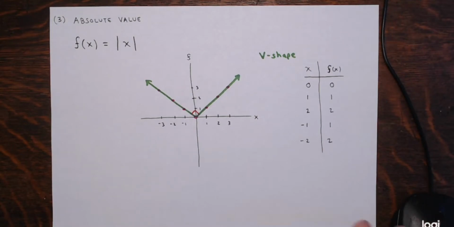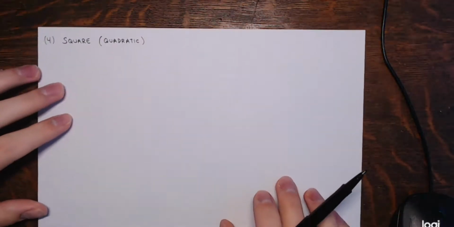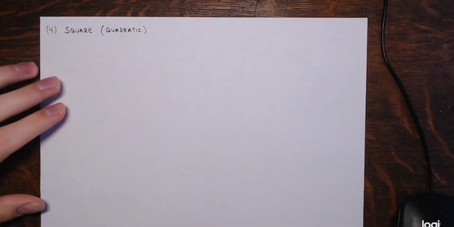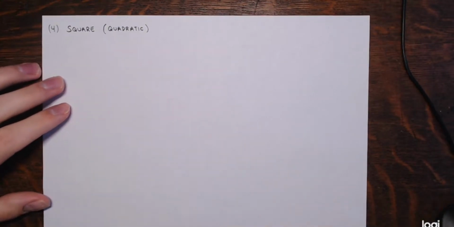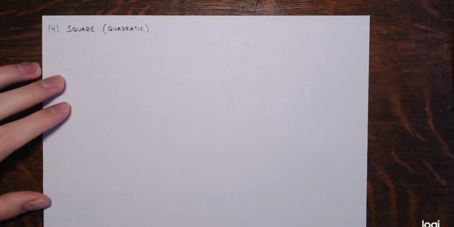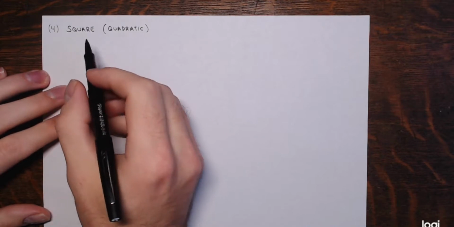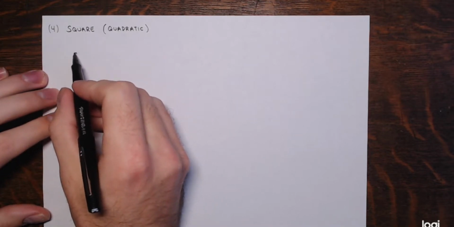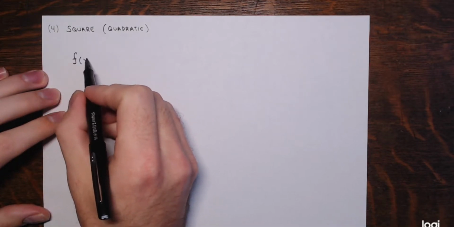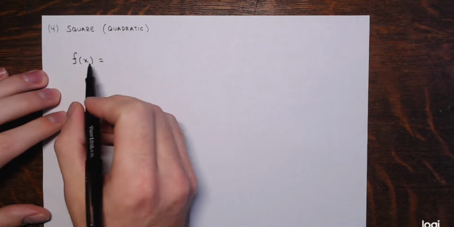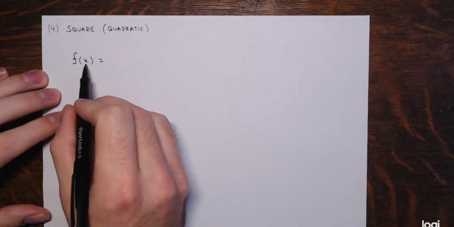All right. Next one on the list is the most basic quadratic function, where you're going to have x squared as the highest power, and it's a polynomial function. I'm just calling it the square function because that's what you're doing to the input. It's f of x or y equals, and then you take your input x and square it.